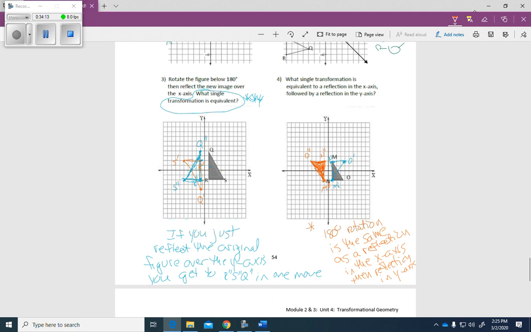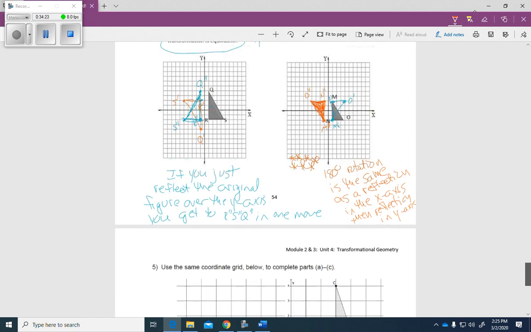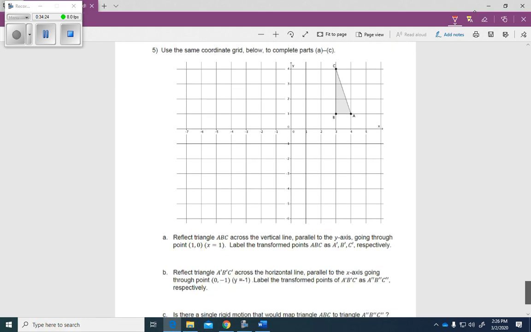And again, there's a question asking about what single transformation is equivalent to 2 transformations. So you do the 2 transformations and then you see what single transformation would work. All right, there's one last question.